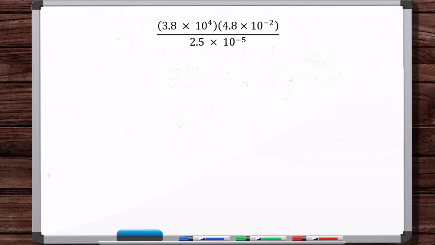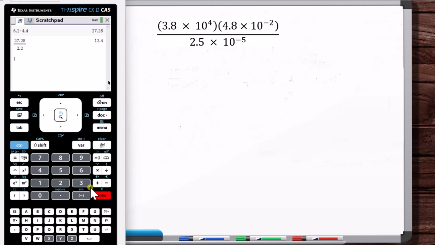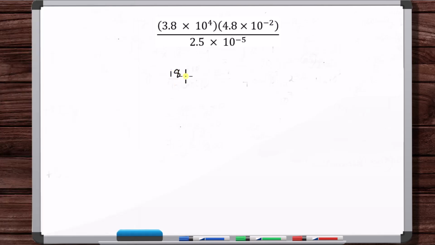Okay, let's multiply the 3.8 and the 4.8. 18.24, times 10 to the, so 4 plus minus 2 is just 2.